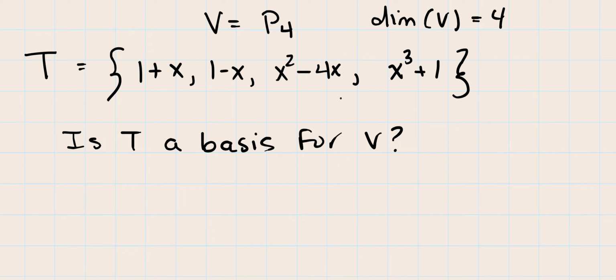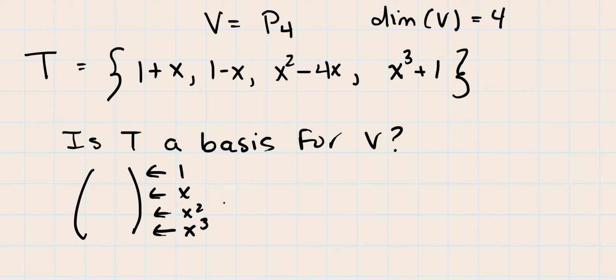Okay, by looking at it, it might be a little difficult to figure out. So let's try that trick we did before where we write them as column vectors. This corresponds to 1, this is x, x squared, and x cubed.